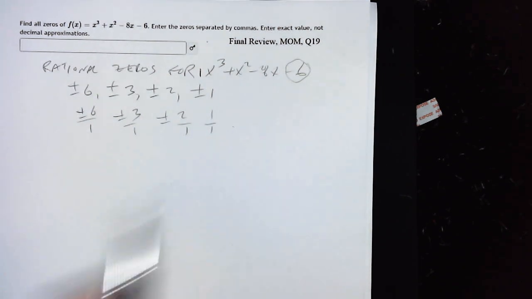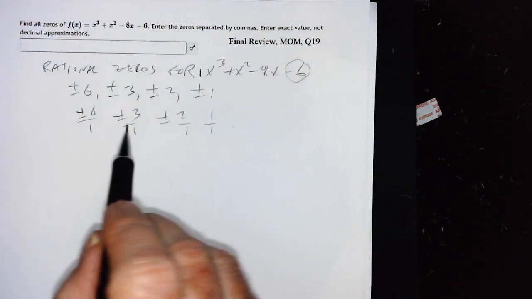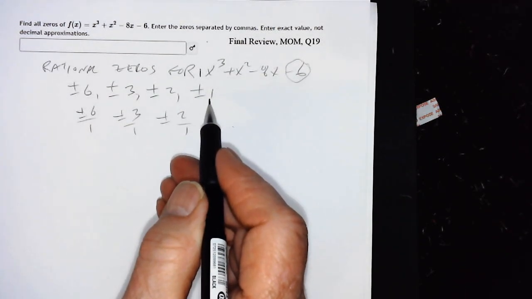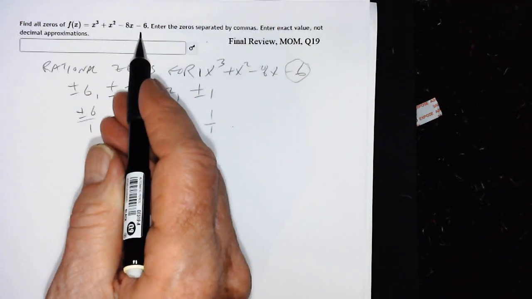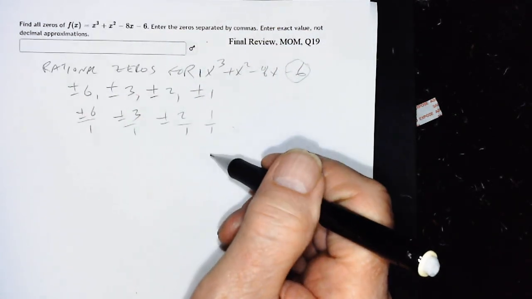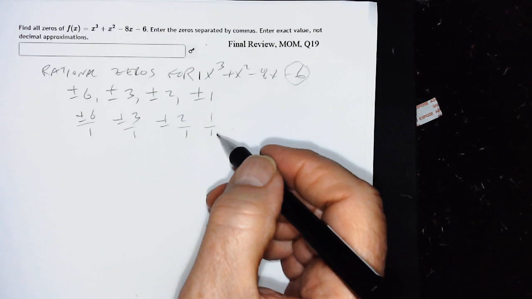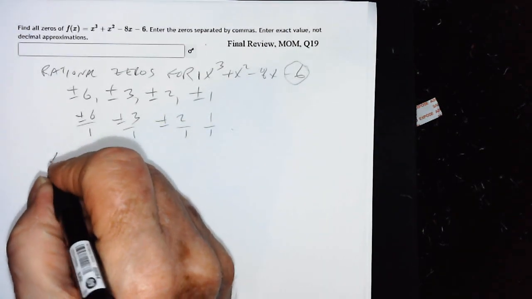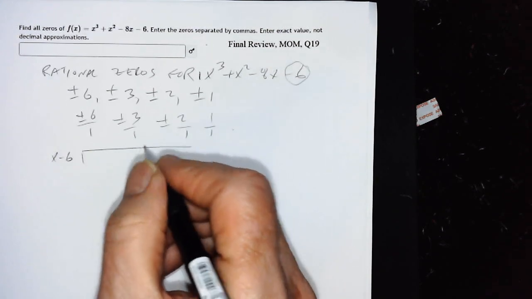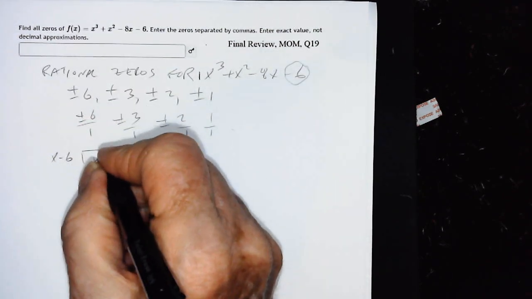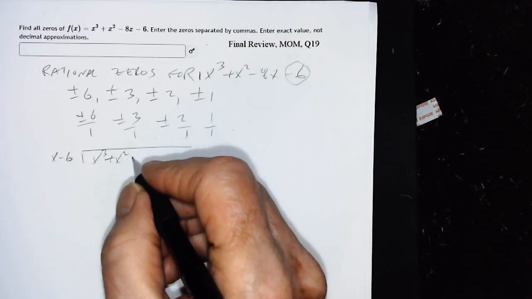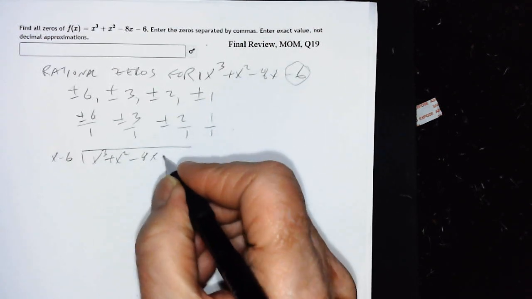Now, what we're going to do is take all these possible zeros and try them out and see if they actually are solutions. That is to say, if we were to use long division, we could take, say, x minus 6 and divide it into the cubic term here.